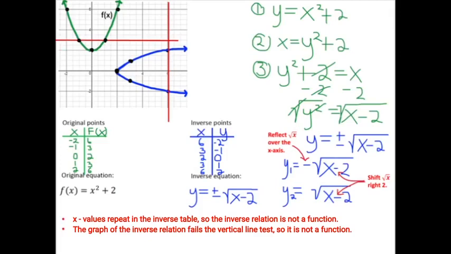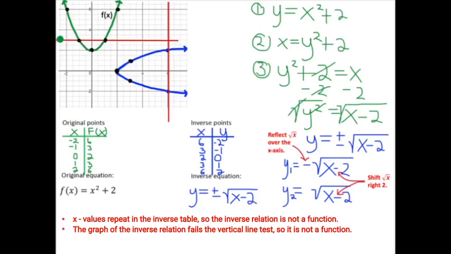So I've just shown you that f of x fails the horizontal line test. If it fails the horizontal line test, that means that its inverse is going to fail the vertical line test. So the inverse will not be a function. This is a key indicator of a function that is not one-to-one.